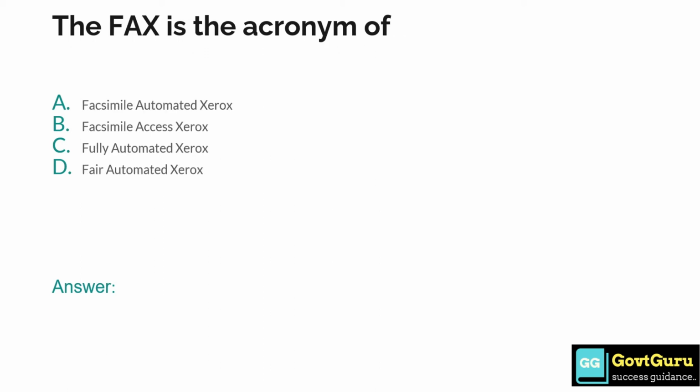The next question is: FAX is the acronym of which? Option A Facsimile Automated Xerox, option B Facsimile Access Xerox, option C Fully Automated Xerox, and option D Fair Automated Xerox. The answer is option A, Facsimile Automated Xerox.